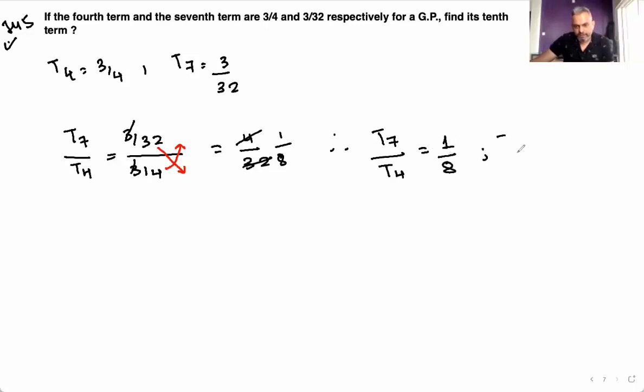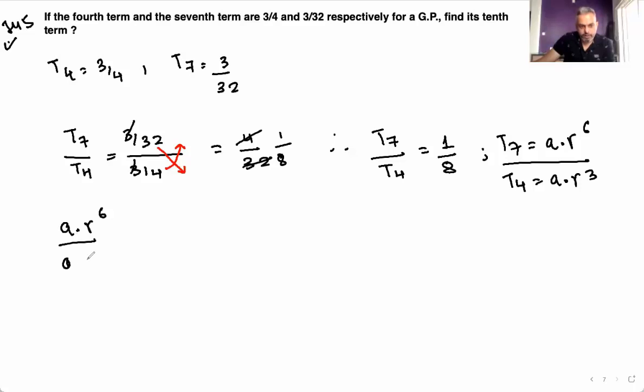Now what is T7? T7 is A into R raised to 6. T4 is equal to what? A into R raised to 3. So we take A into R raised to 6 upon A into R raised to 3 is equal to 1 by 8. A cancel, raised to 3, this will become 3.